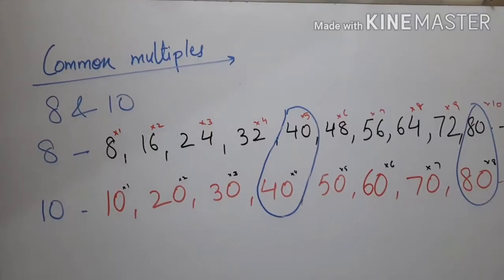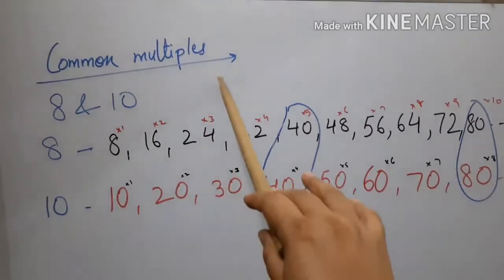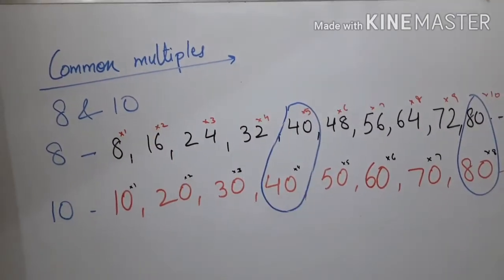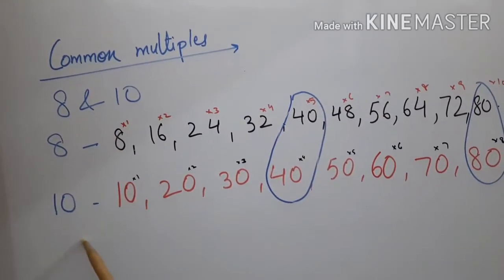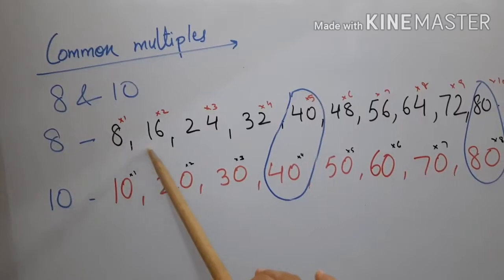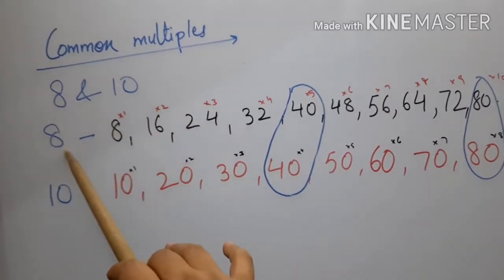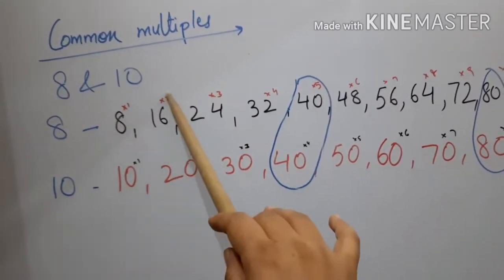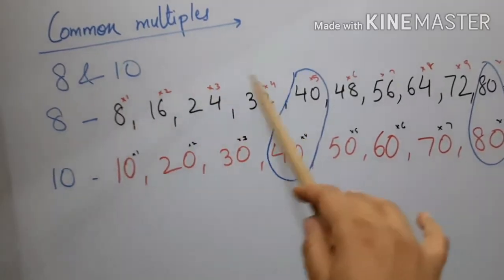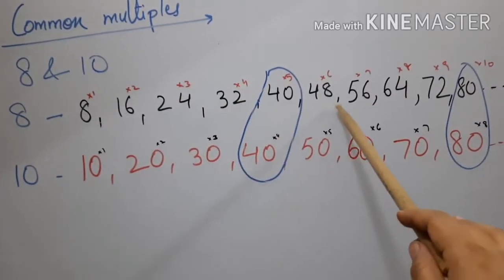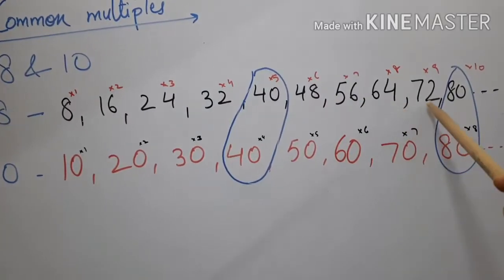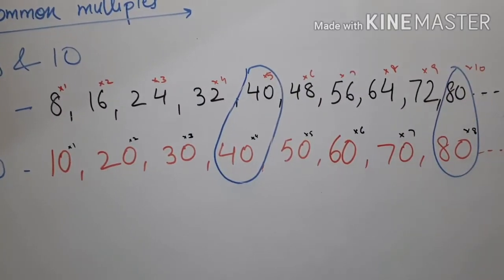Now let us learn how to find a common multiple between two numbers. We have two numbers like 8 and 10. Just write all the multiples of 8: multiply 8 with 1, 2, 3, 4. It gives you 8, 16, 24, 32, 40, 48, 56, 64, 72, 80 and so on.